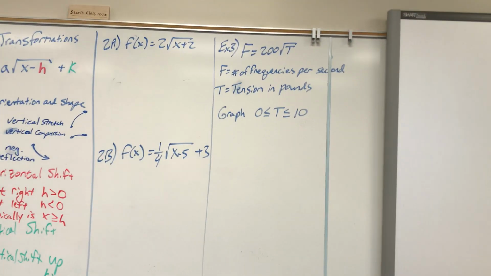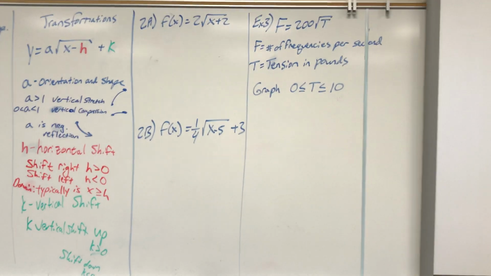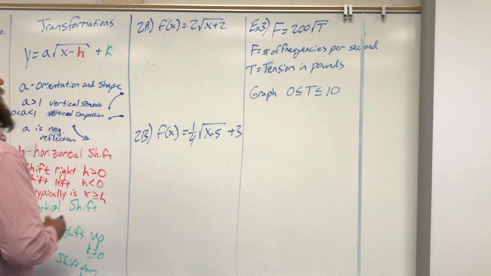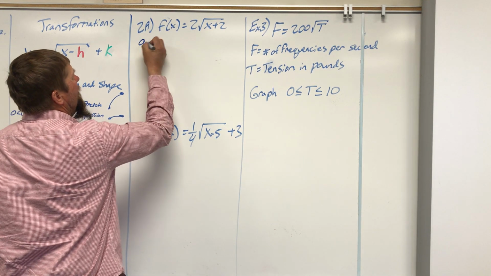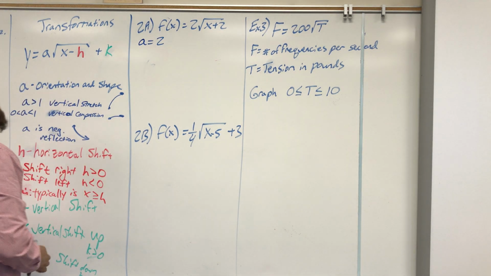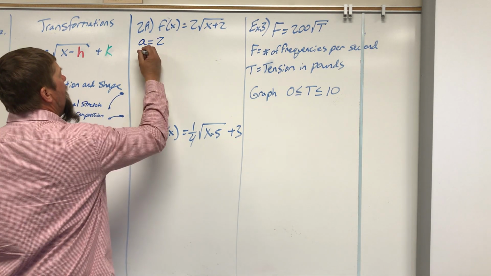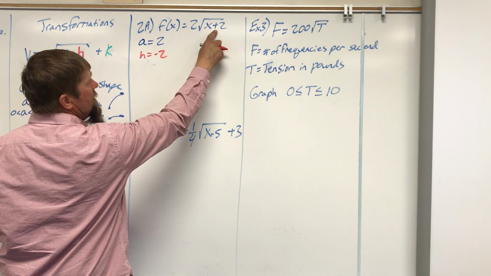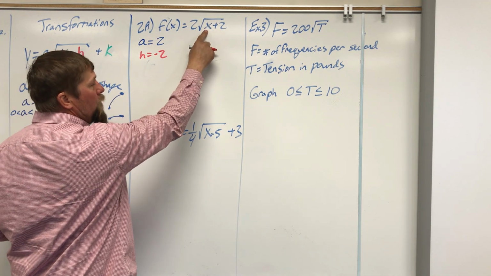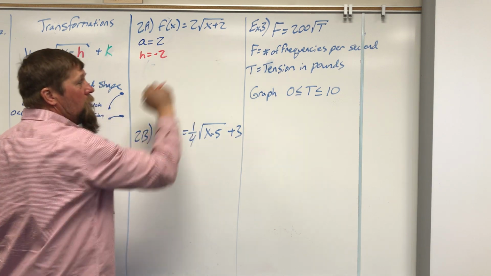All right, let's move to the last parts here of the graphing of example 2. So here I have a is equal to 2. H is actually negative 2 because it's the opposite of this. It's what you put in for x that makes this 0.